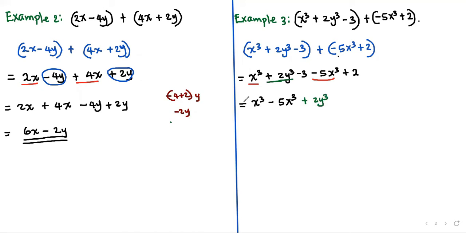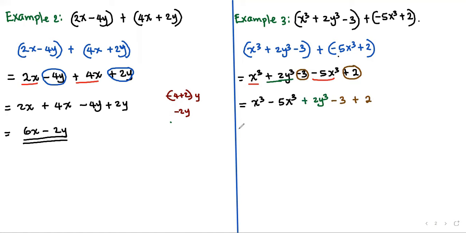Okay, now we have the constants. For the constants, we have got minus 3 and plus 2. So this means that we write minus 3 plus 2. I hope that is clear.